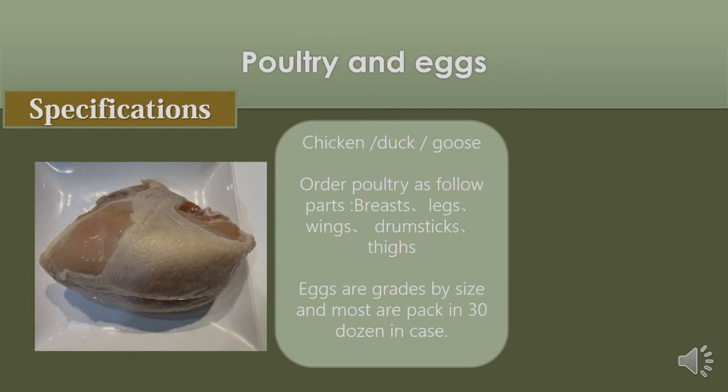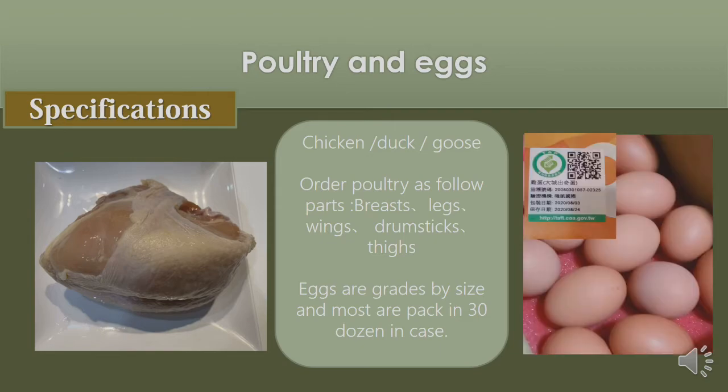And then we have the eggs. Eggs are graded by size such as small, medium, and large. Of course, the price is different as well. Especially breakfast restaurants or breakfast shops always purchase lots of eggs every day, so they always get something like 30 dozens in a case or even more.